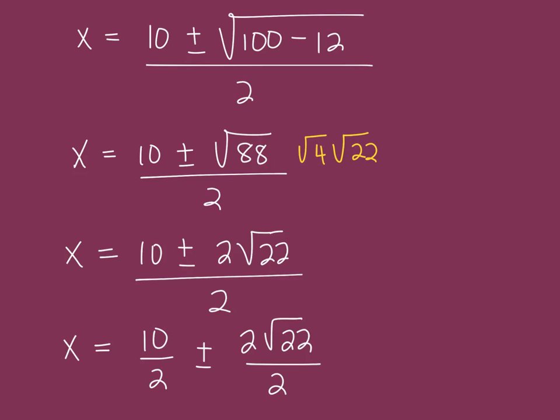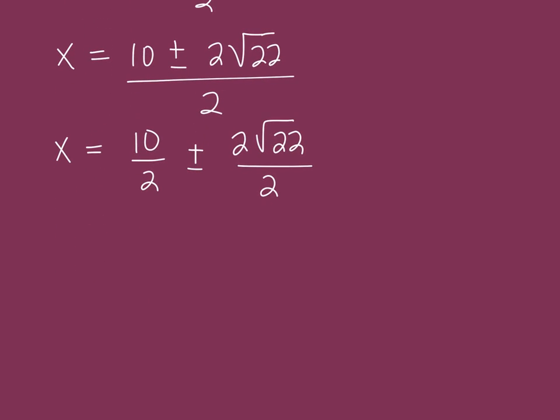Then you can reduce. Only when you've split it up into common denominators are you able to reduce. So 10 and 2 for sure reduces, and 2 and 2 reduce, and so the correct answer is 5 plus or minus rad 22. That would be the right answer. All the other ways of reducing are going to get you the wrong answer. So be careful about reducing.